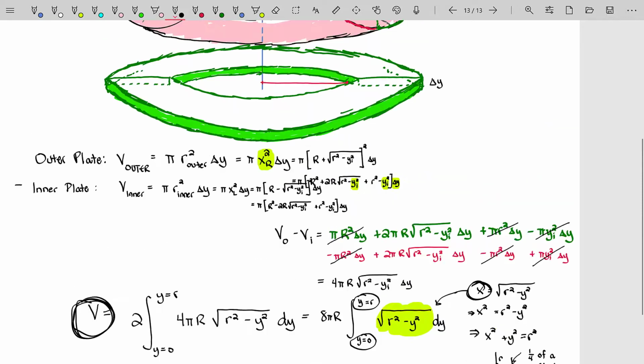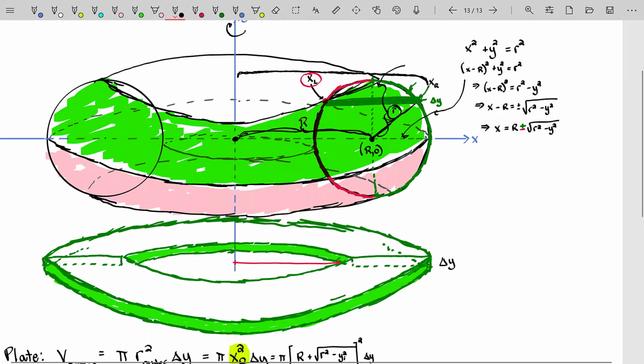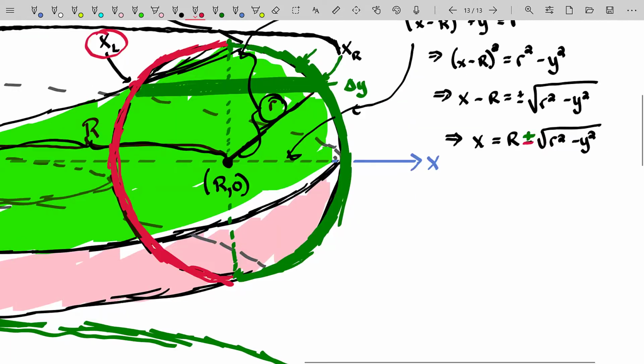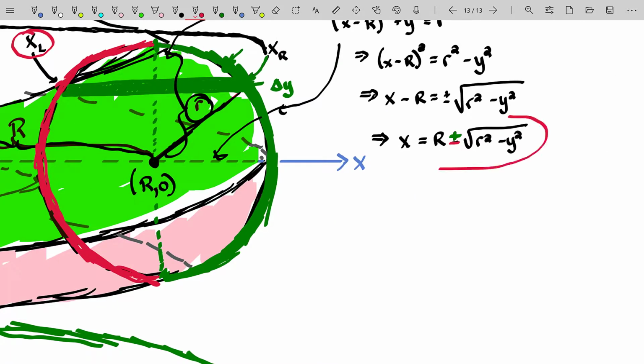And the trick in this case really was to note, I have 2 edges on this circle. One edge right here, where my x values are greater than or equal to capital R, and one edge right here, where your x values are less than or equal to capital R. And so that tells you which of these 2 functions x is equal to.